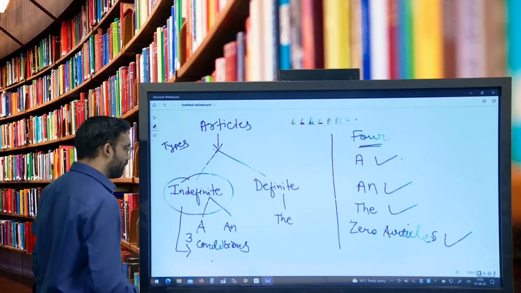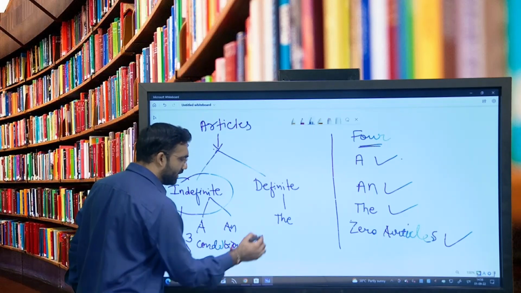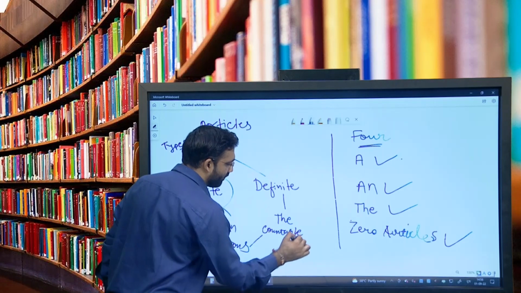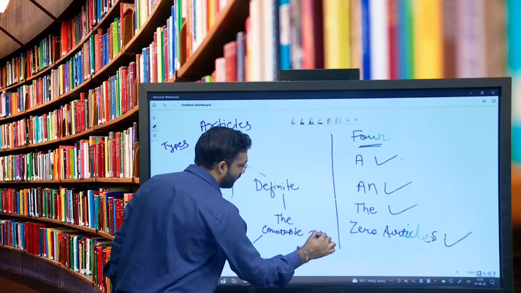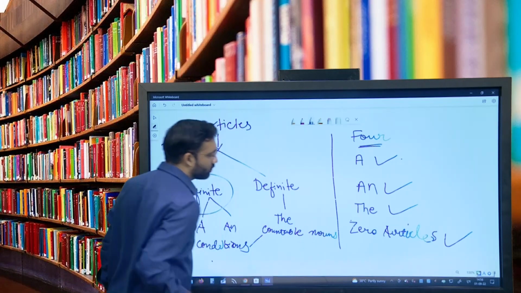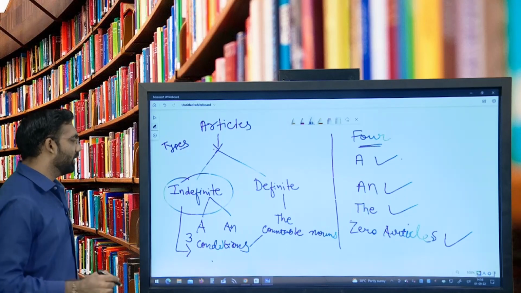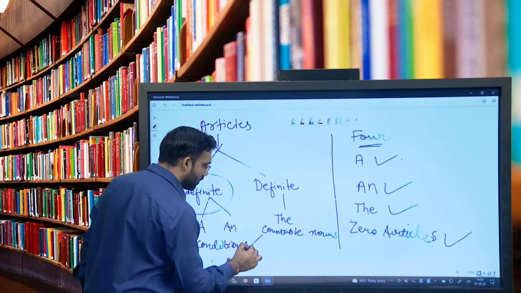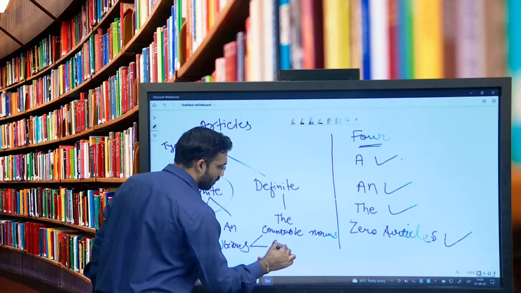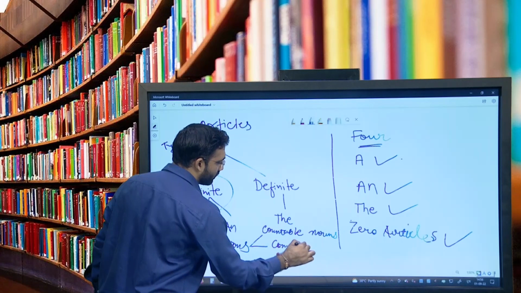Which are they? The very first one is that it should be used before countable nouns. It should be used before common nouns.